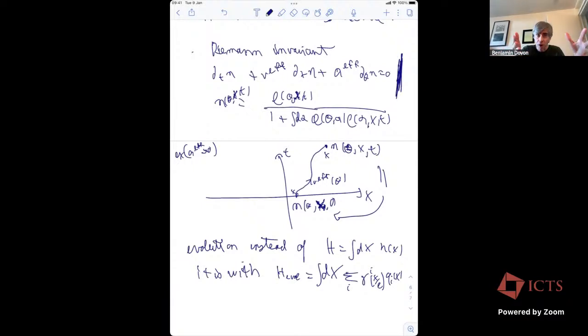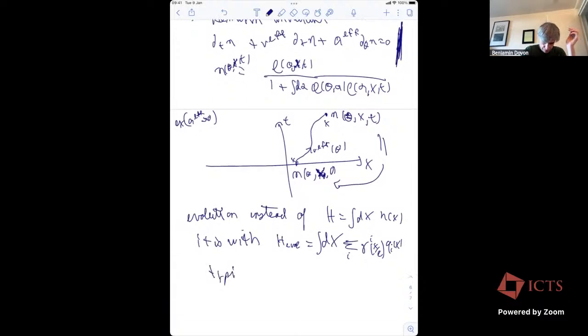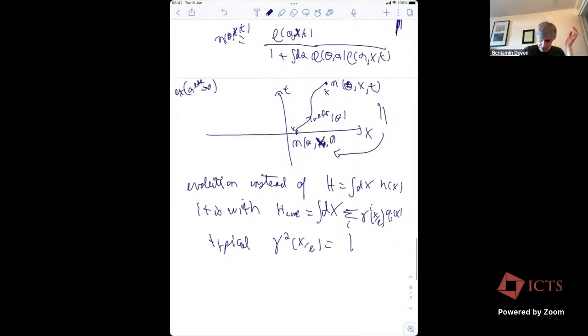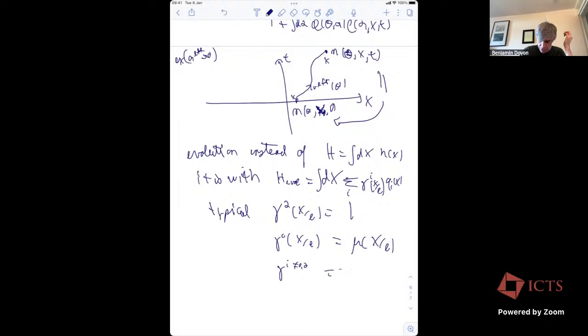The typical one is going to be γ_2(x/L) equal to 1. That's the Hamiltonian. γ_0(x/L) is your external magnetic field, μ(x/L). And then all the other γ_i's, different from 0 and 2, are 0.